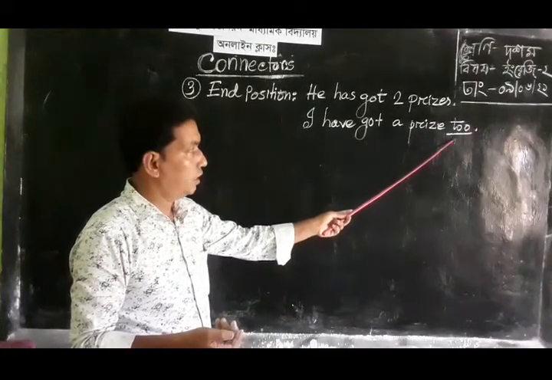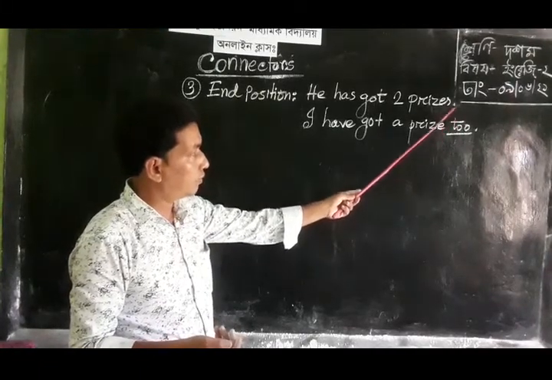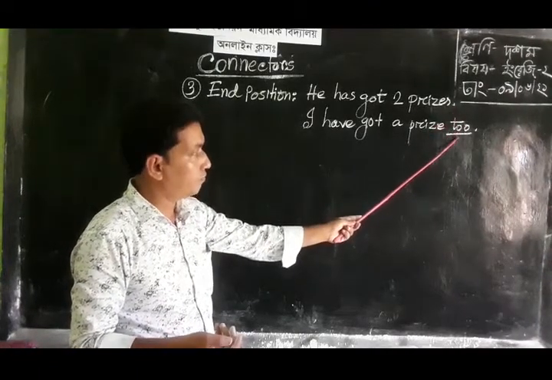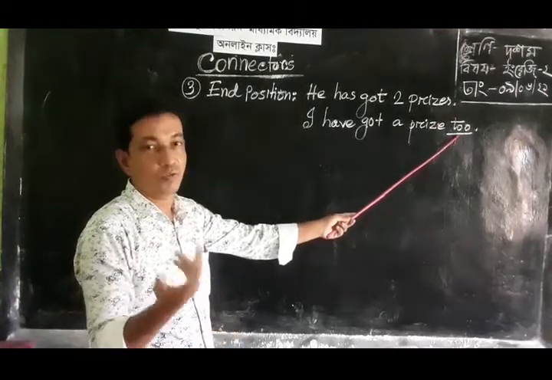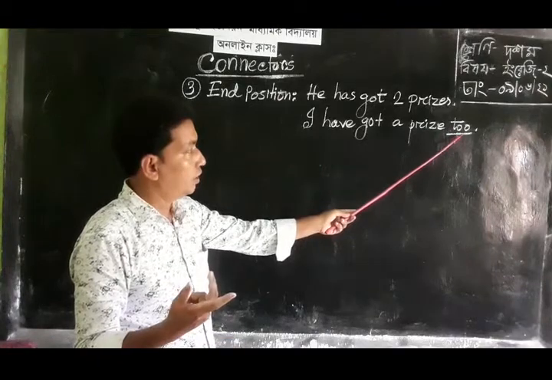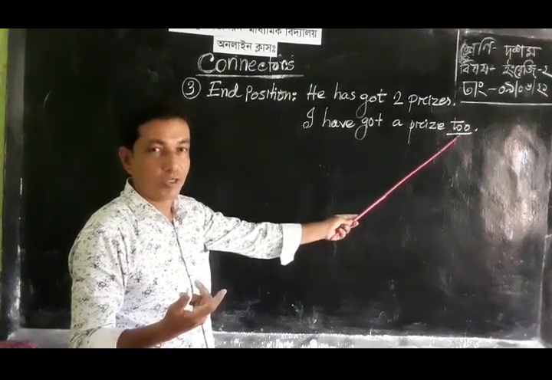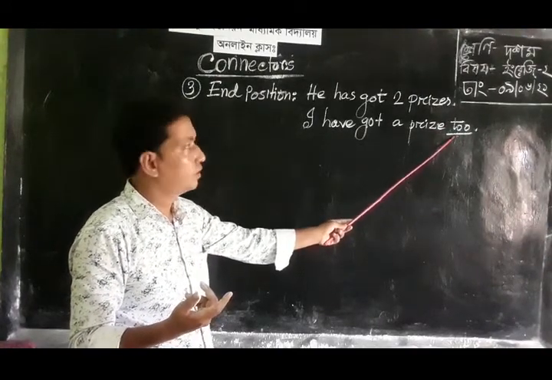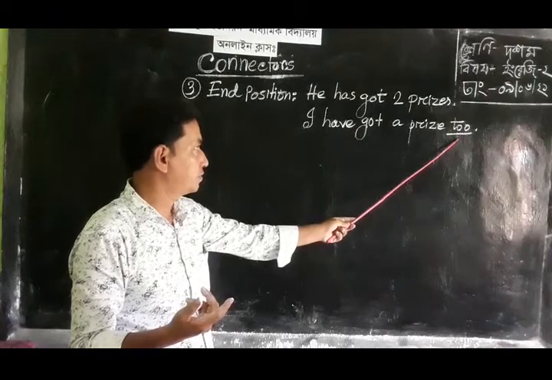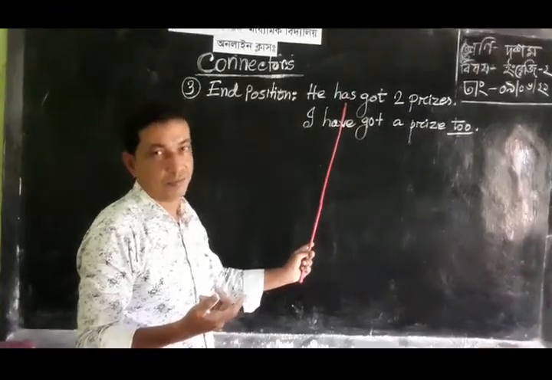"Too" is here at the last position of the sentence, because there is no word, no letter after the word "too." So "too" is called a connector because it connects with the first sentence.